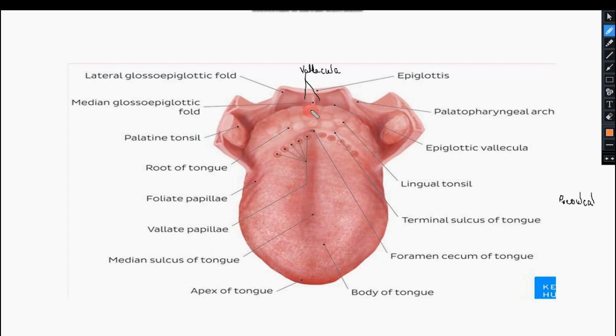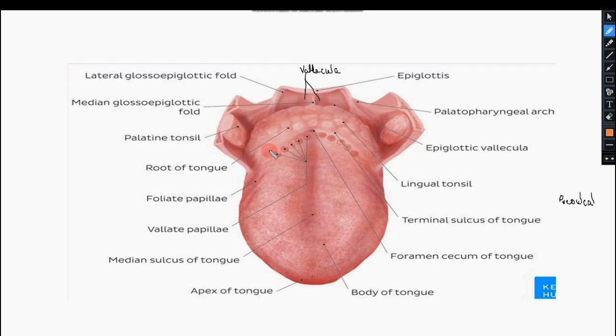This dorsal surface is moist and pink in color, and it is covered by mucous membrane and lined by non-keratinized stratified squamous epithelium. So this dorsal surface is divided into two parts.